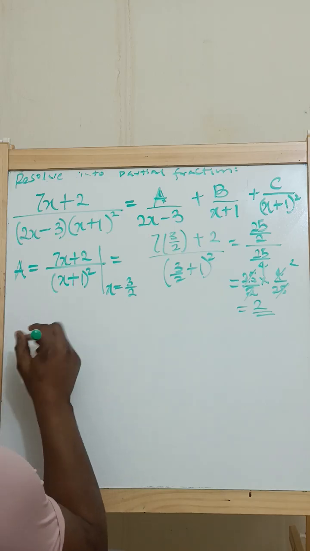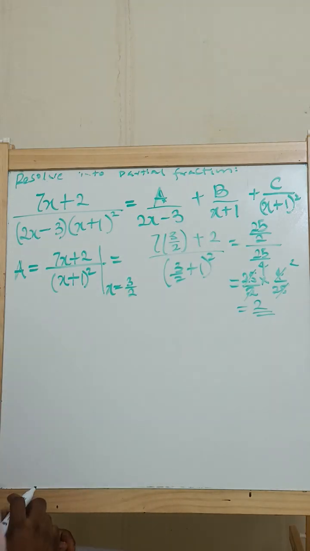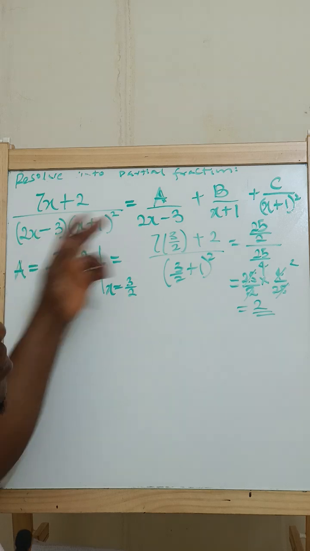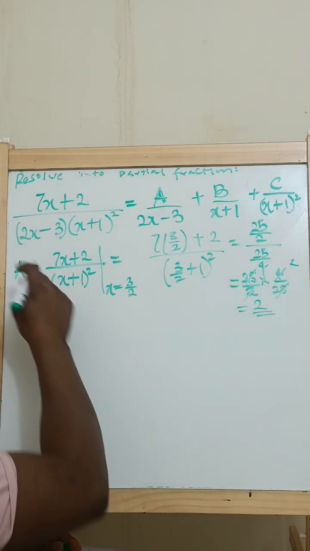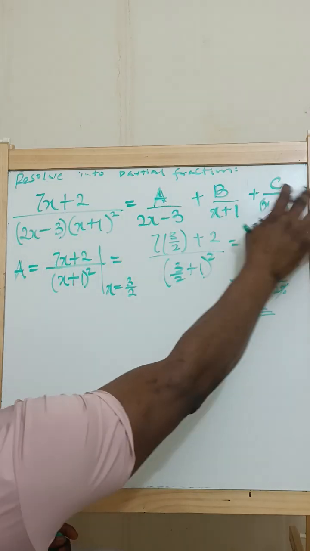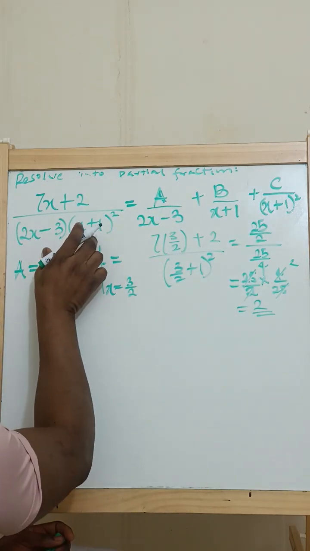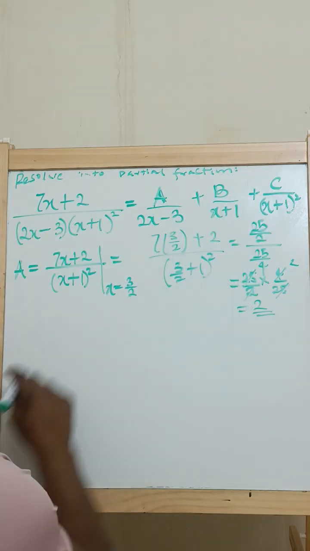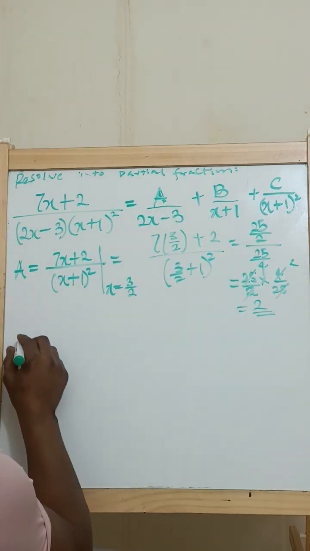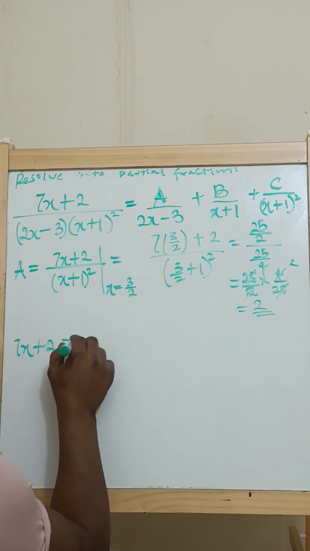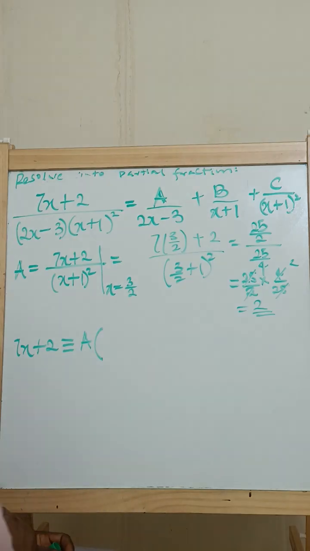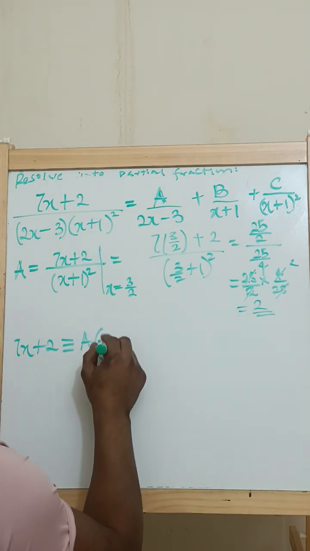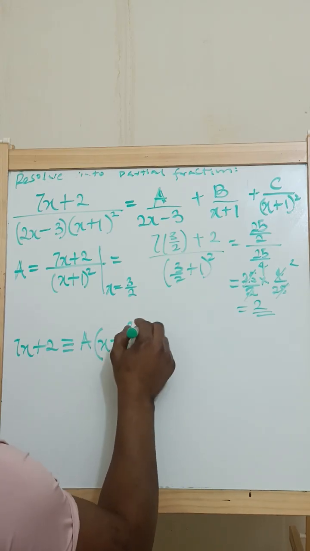Then for B, a simpler way is just to expand this, using the denominator to multiply every term. This is going to be 7x plus 2 equivalent to A times x plus 1 squared, since this cuts the other factors.